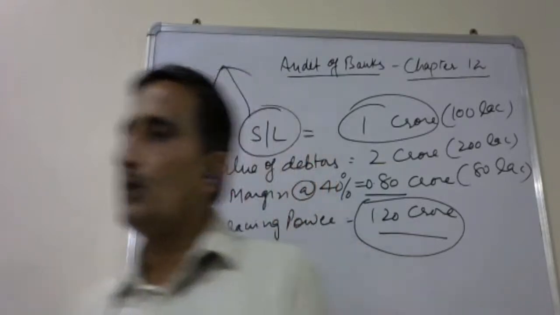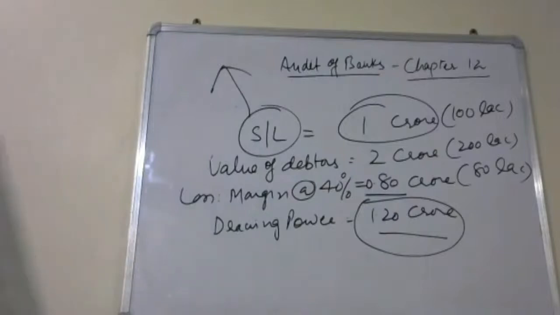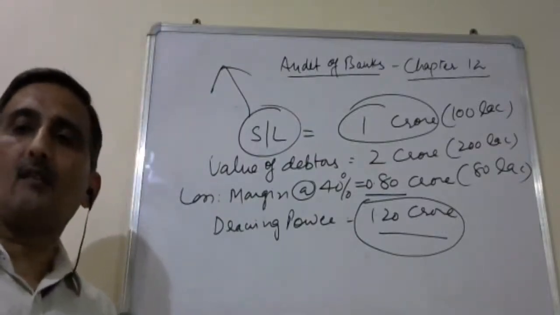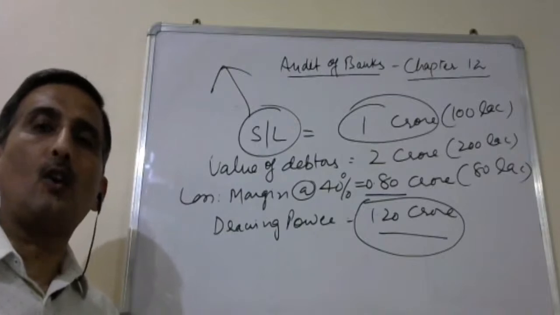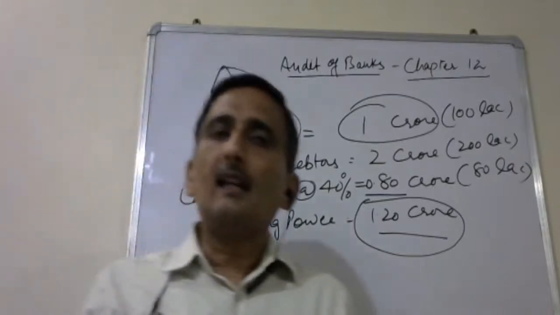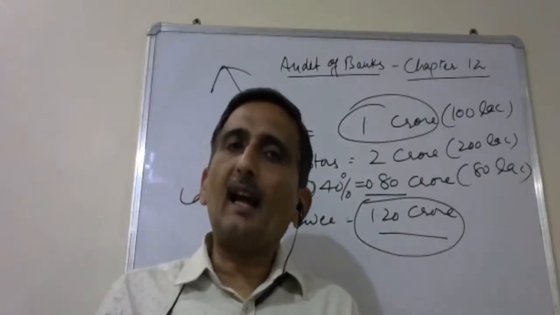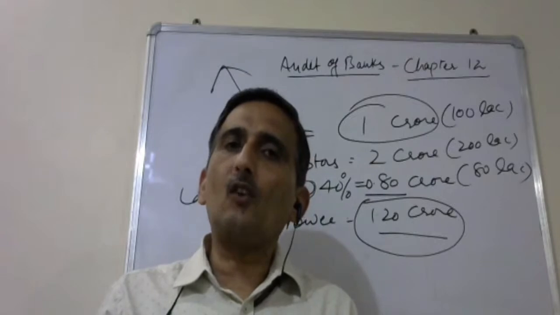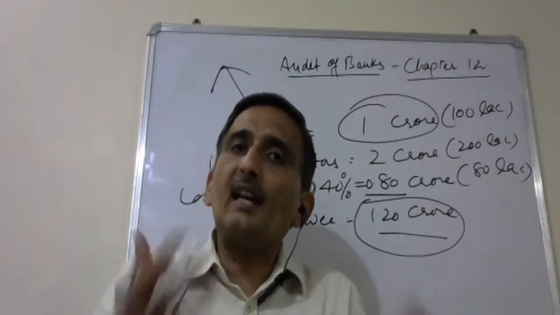Is that clear to you, Tanu? Please let me know. Pooja, Tanu, please let me know if the answer is clear. Question number two: the borrower can utilize funds only to the extent of the sanction limit.